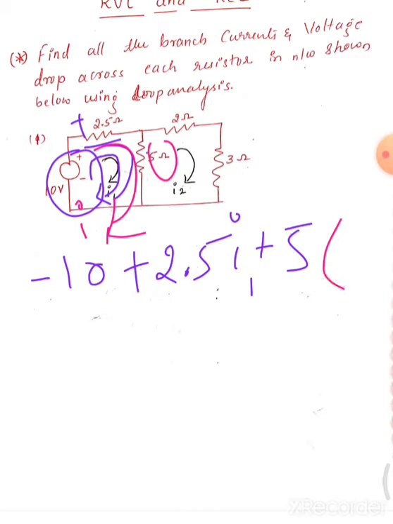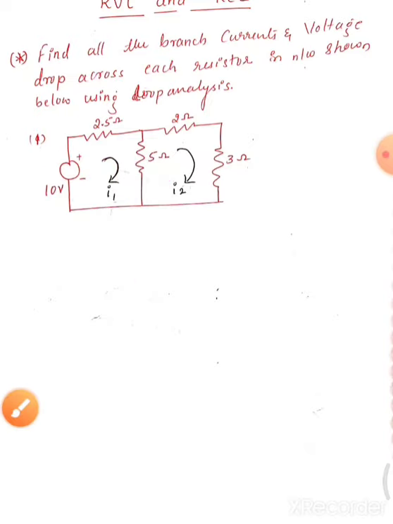Simply observe the direction of both. The first loop current has this direction and the second current has this direction. I1 is coming like this, and I2 is going like this through this 5 ohm.